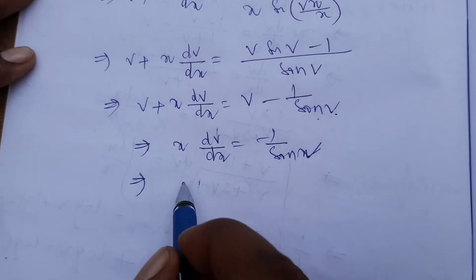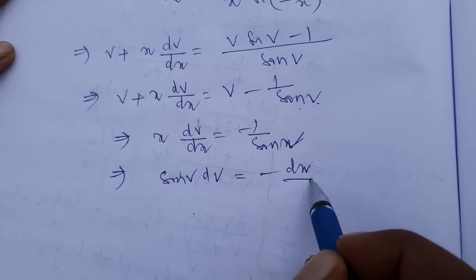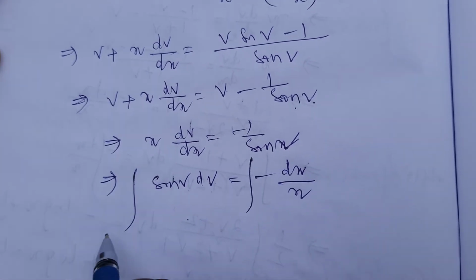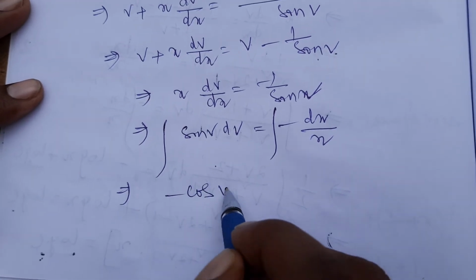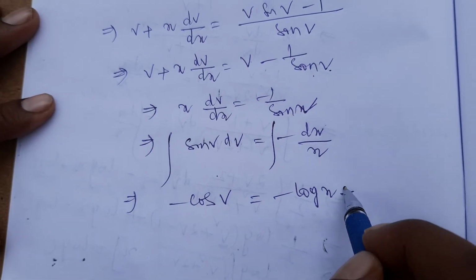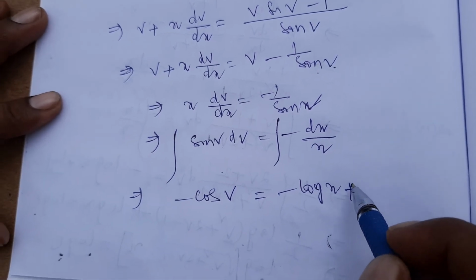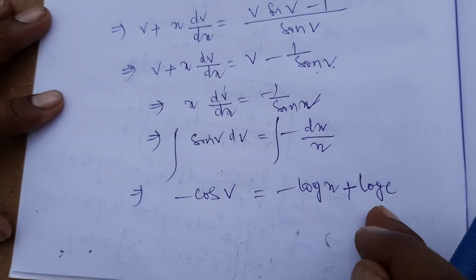Bring this sin v this side. sin v dv equal to minus dx by x. Then integrate on both sides. Integral sin v, what is the integral of sin v value? Minus cos v equal to minus logarithm of x plus, here instead of constant value I can take logarithm of c, otherwise c also you may take, that is your interest.